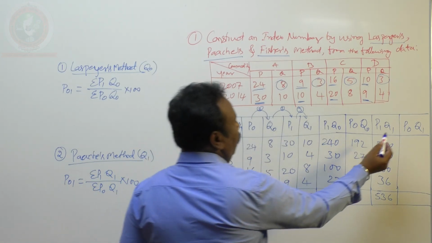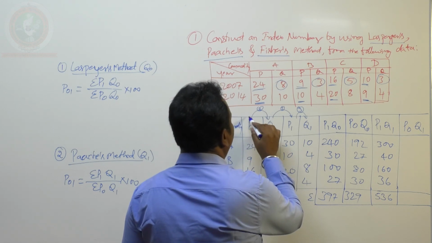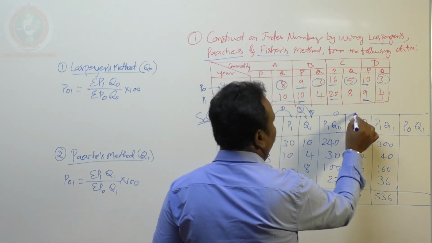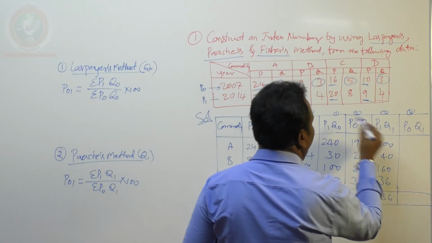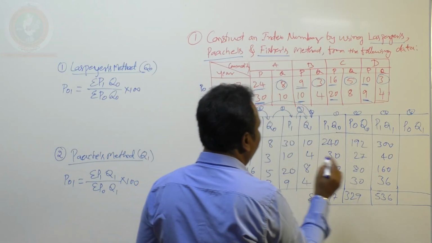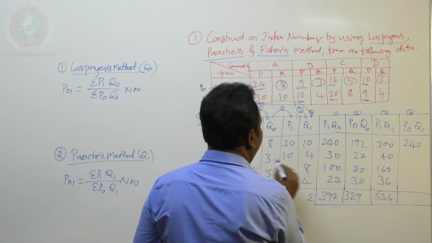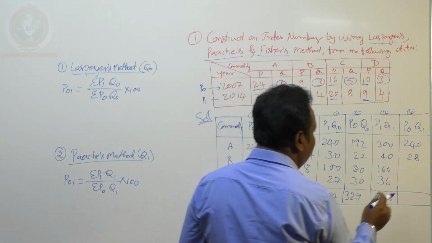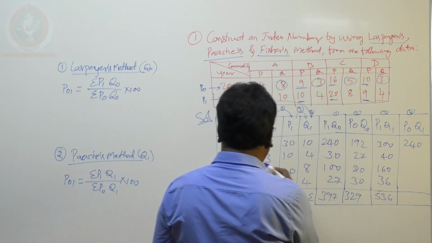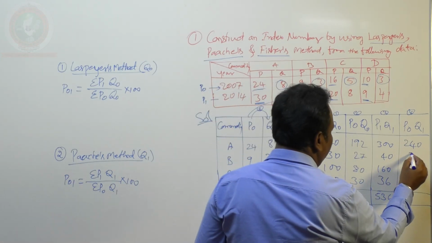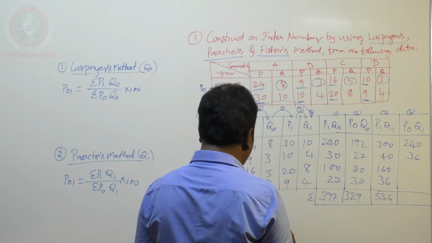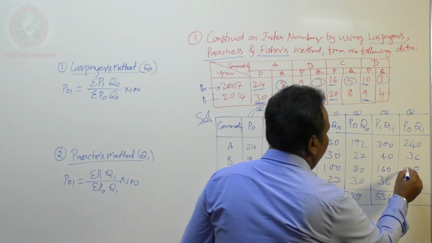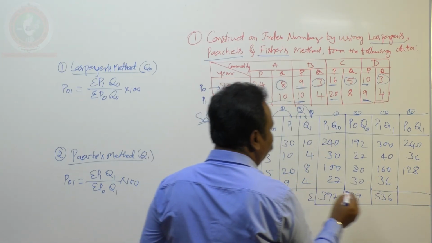Like that, P0 and Q1. This is the fourth column. Based on this we calculate: 24 into 10 is 240, 9 into 4 is 36, 16 into 8 is 128, and 10 into 4 is 40.